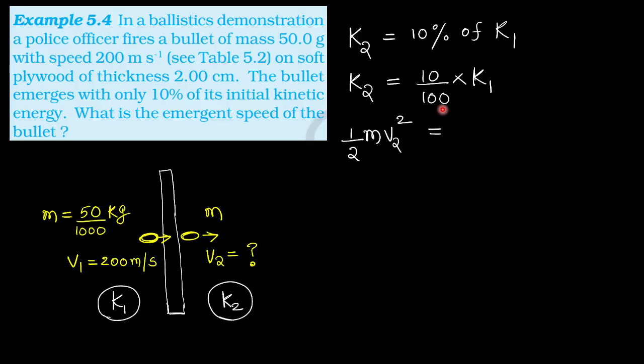After that you can ask me doubts. 10 by 100 will be 1 by 10. Simplification: 10 by 100 is 1 by 10 into K1. K1 is the initial kinetic energy. Formula for kinetic energy is half mv square, so K1 is half into m into v1 square.